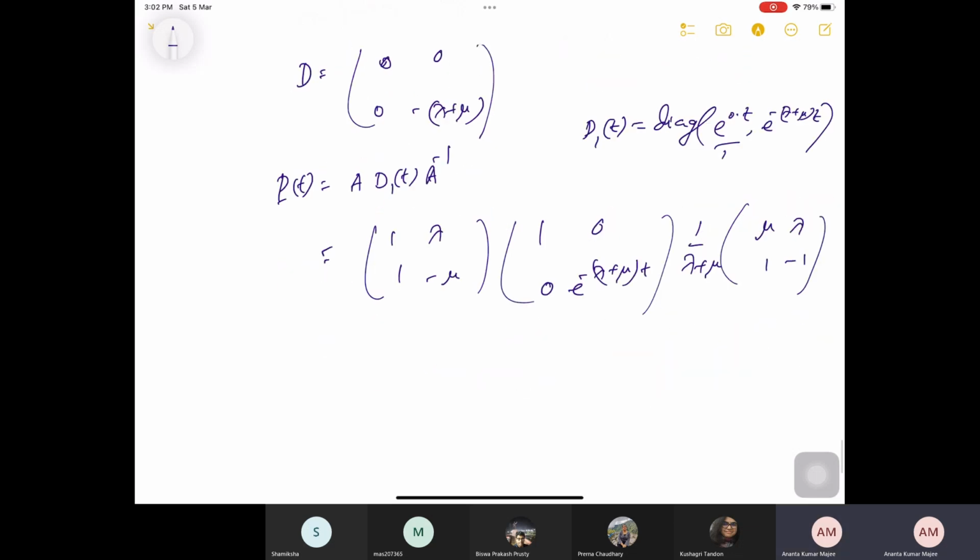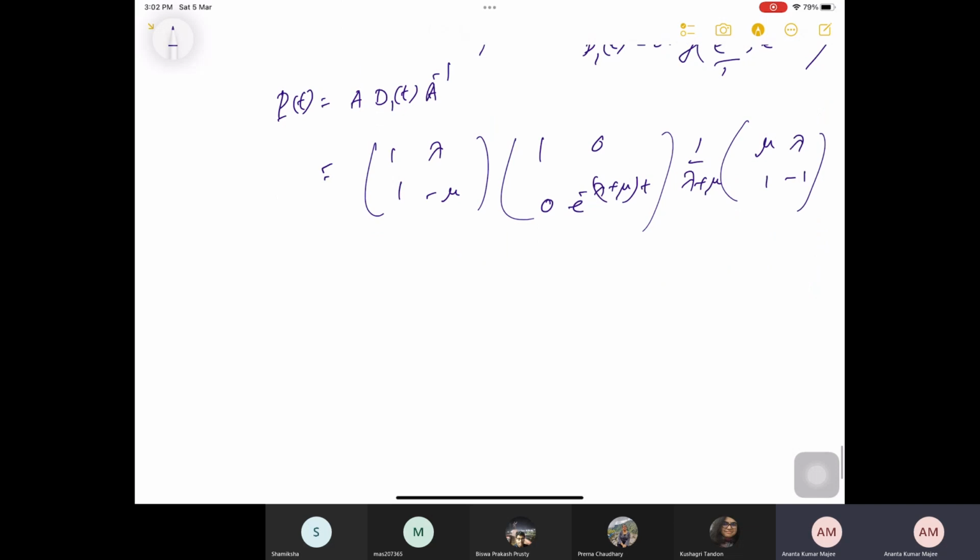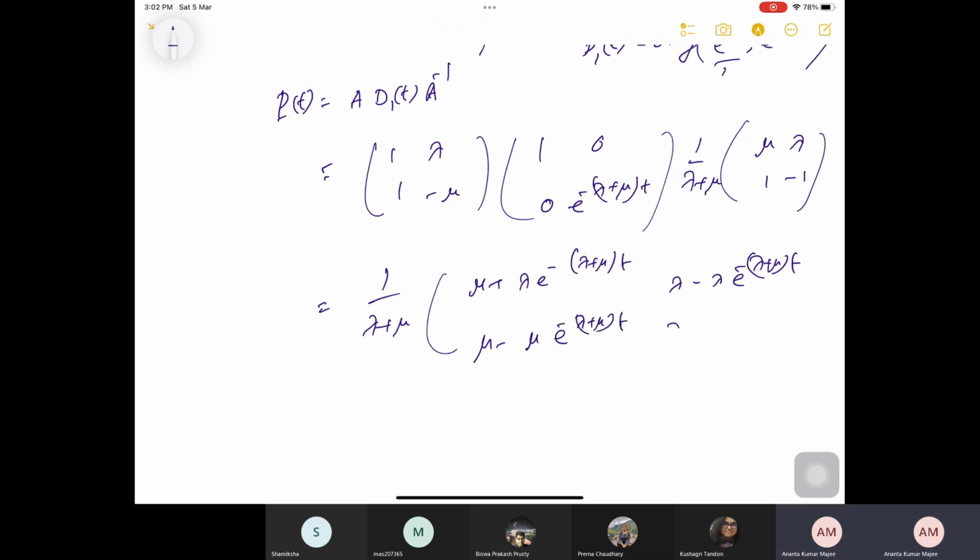Now if you do this matrix calculation, what I have is 1 by lambda plus mu times: mu plus lambda e to the power minus lambda plus mu times t, lambda minus lambda e to the power minus lambda plus mu times t, mu minus mu times e to the power minus lambda plus mu times t, and then lambda plus mu e to the power minus lambda plus mu times t.